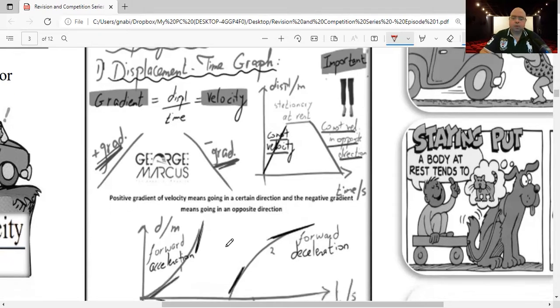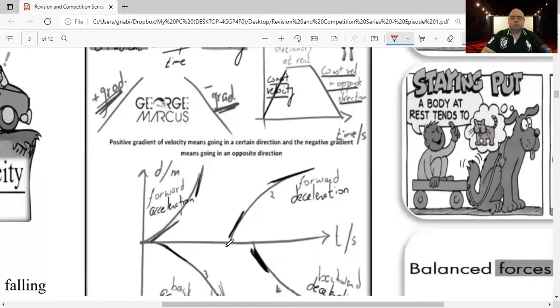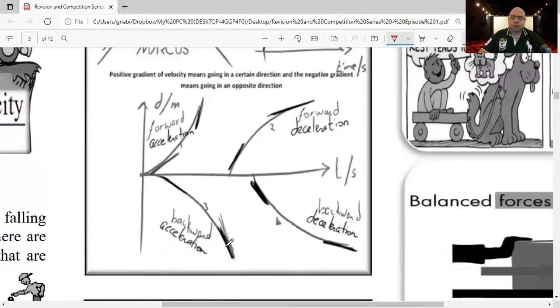Okay, what if it is curved? Look at these curves over here. To understand any curve, you need to look at two things. The gradient: is it increasing or decreasing? An increasing gradient represents acceleration, velocity is increasing. A decreasing gradient represents deceleration because velocity is decreasing.